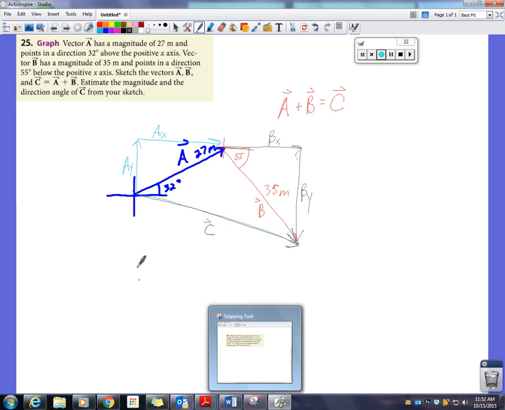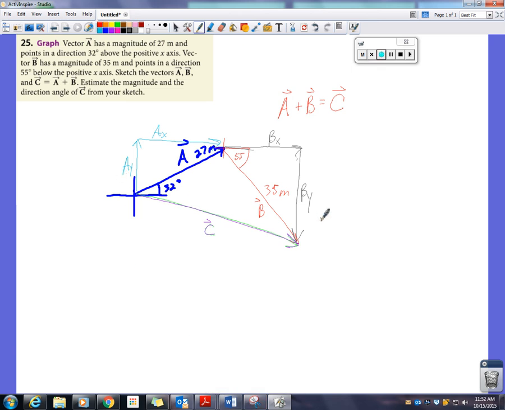So we combine AY with BY, and those two are going to equal CY. Since this is true, vector A plus vector B is going to be equal to vector C. We can say that AX plus BX is going to be equal to CX, and similarly, AY plus BY is equal to CY. And these two, those are the components of our resultant.